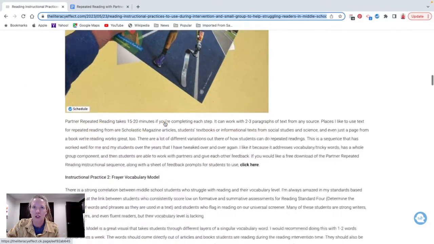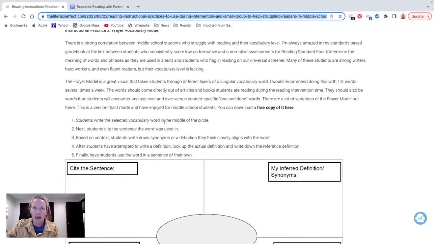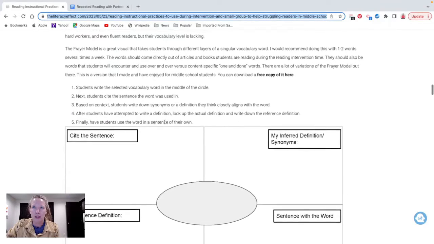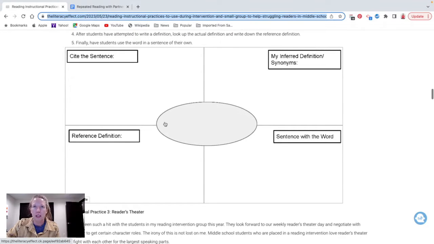The second instructional practice is using the Frayer vocabulary model. If you've heard of this, it's something you've probably seen a lot of different versions of, but here it is. You pick out the vocabulary word and you have students cite the actual sentence from the text in that first box there, using proper text citation, copying the sentence down exactly as it appears.